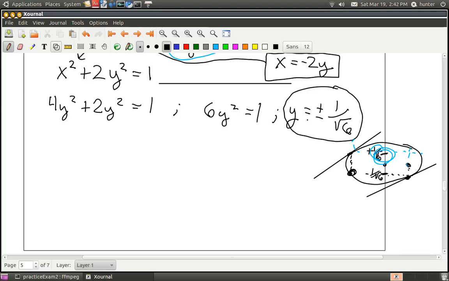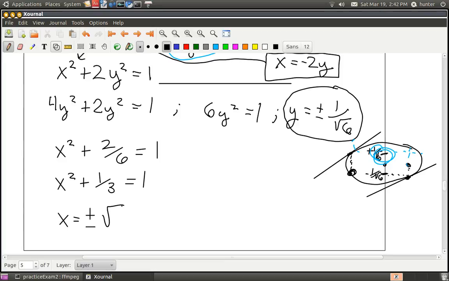Plug in plus or minus 1 over the square root of 6 for y into the ellipse equation, and I get x squared plus 2 over 6 is equal to 1. Okay, so that means x squared plus 1/3 is equal to 1. And from there it's very easy to see that x is plus or minus the square root of 2/3.